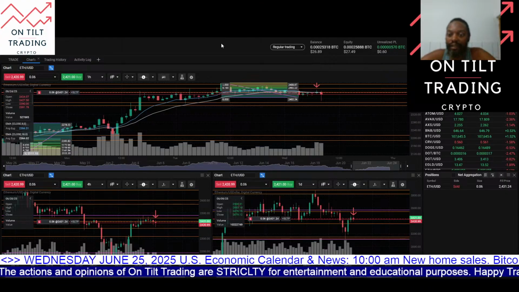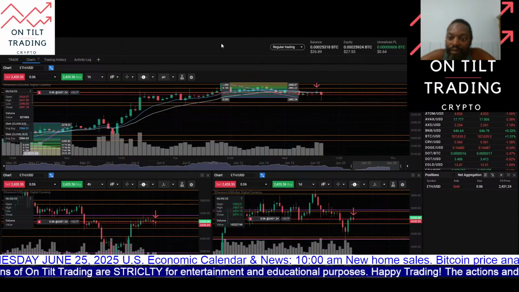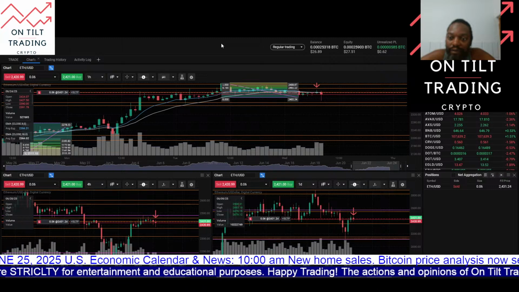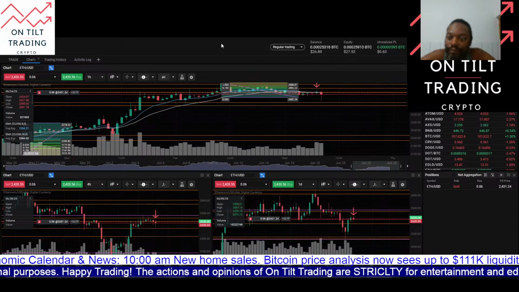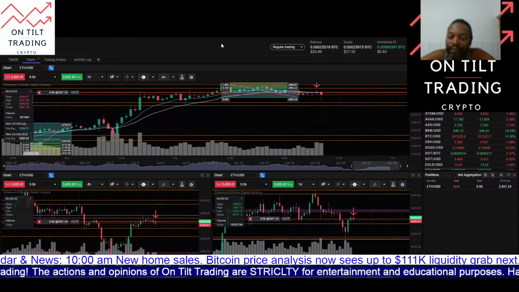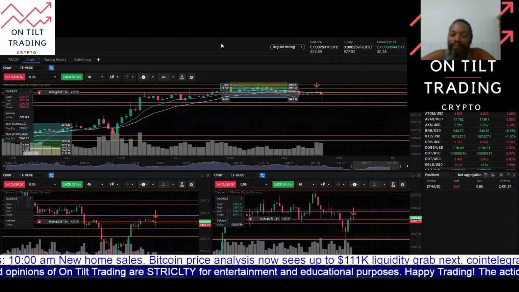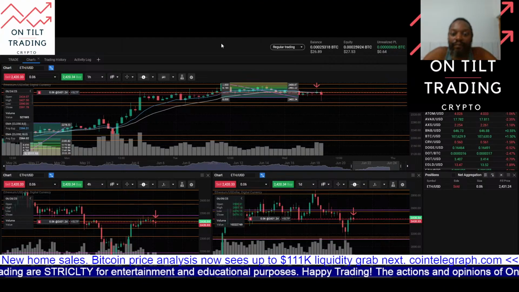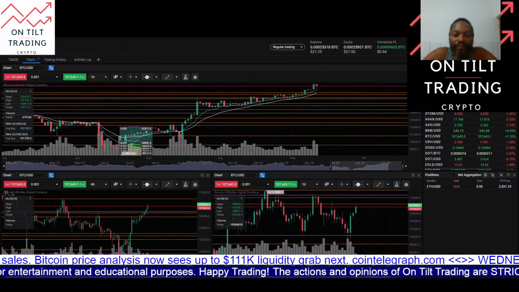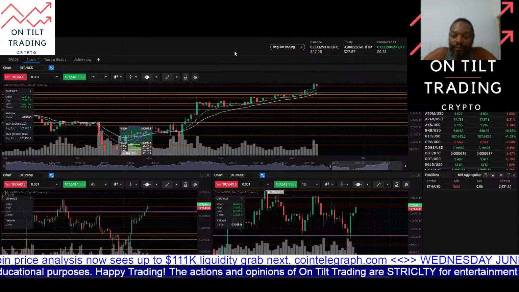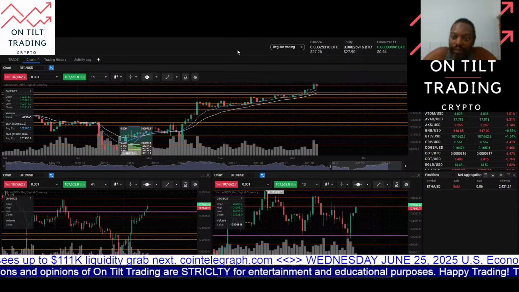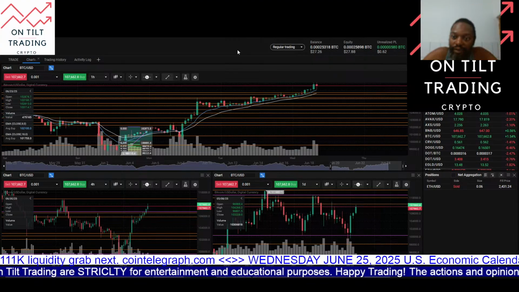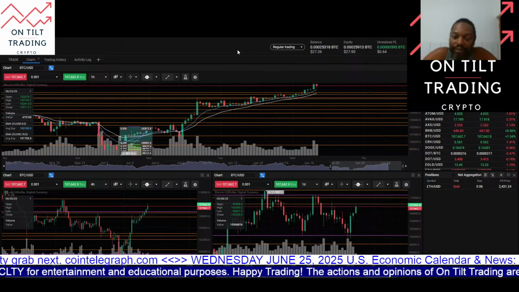Price still consolidating here, 24.21 to 24.20 low. Bitcoin still trading in between the 107,650 and 107,700 levels.